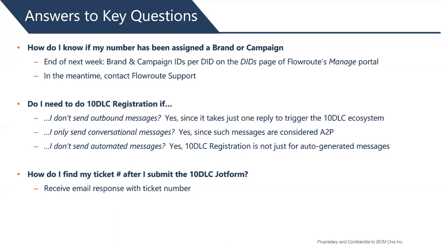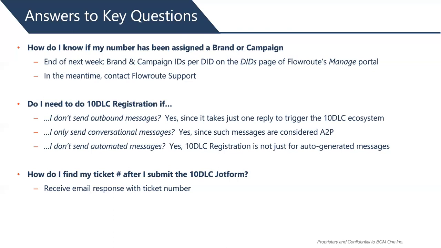Conversational messages, again, harkening back to my earlier comment, if you're using Flowroute for messaging, it's an A2P service. A2P service requires 10DLC registration, regardless of the kind of messaging that you're using it for. Finally, 10DLC registration is not just for automatic generated messages, including marketing messages and so on. There's a whole host of use cases or campaign types.